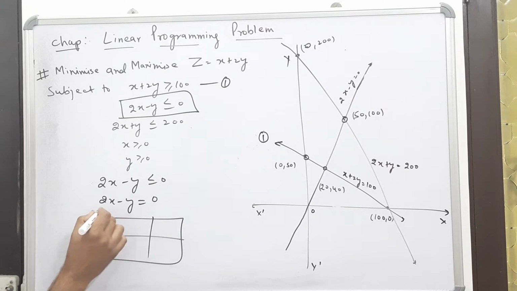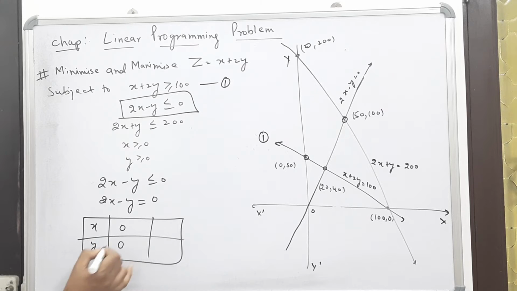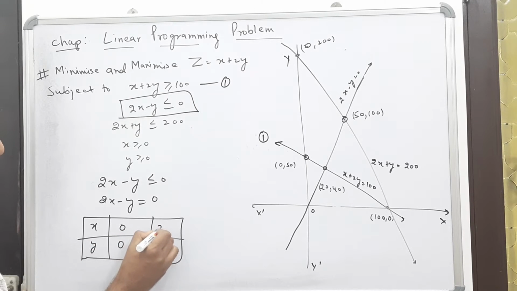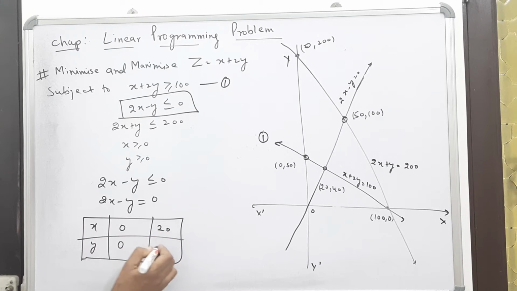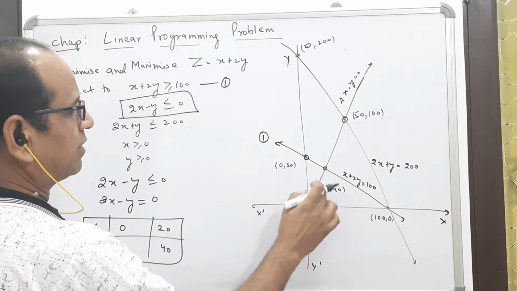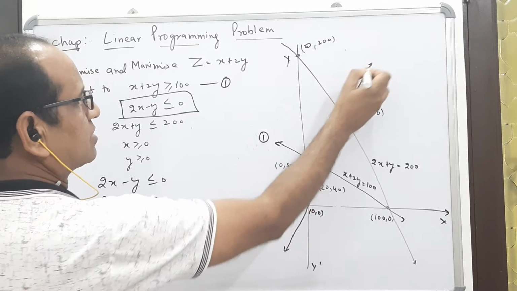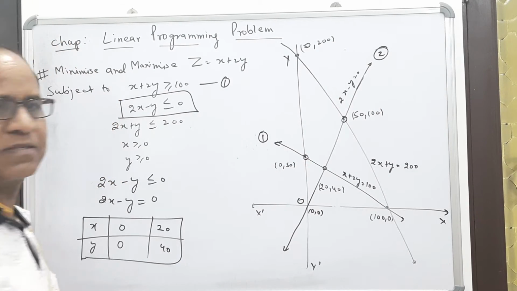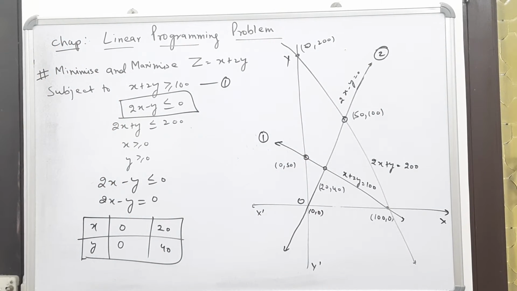When you take x equals 0, the value of y will also be 0. When you take x equals 20, the value of y will be 40. So this is (0, 0), the origin, and here it is (20, 40). This is the graph of the second line.